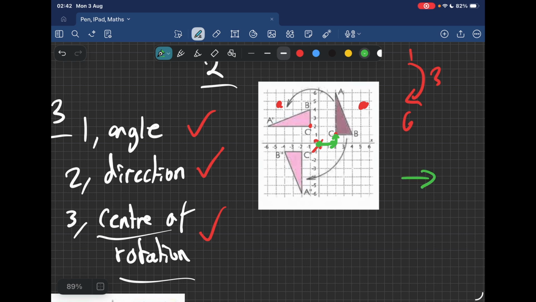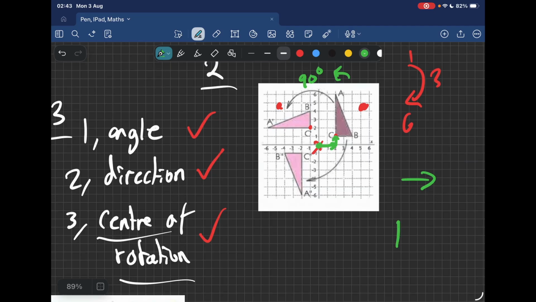It's now been rotated 90 degrees anti-clockwise, and it now faces this direction. But all the ant knows to do is to move forward 2 and then left 1. So that in itself shows it's been a 90-degree rotation, but this also shows the center of rotation. Where the ant starts, I guess, is a nice way to think about it.